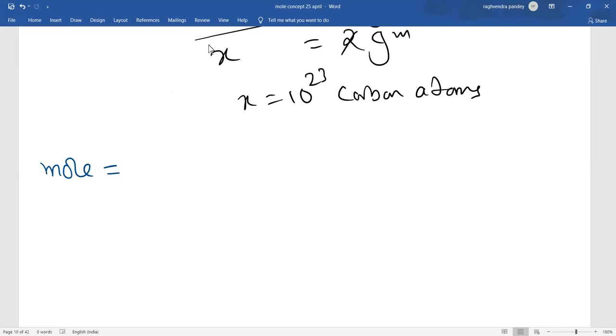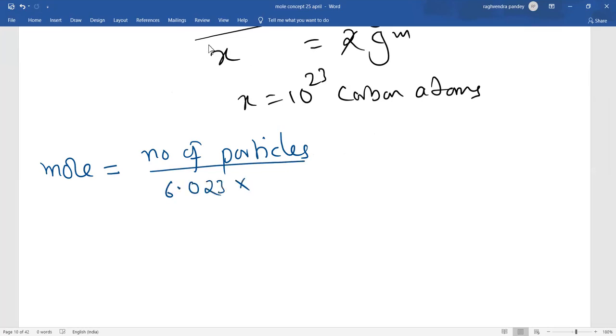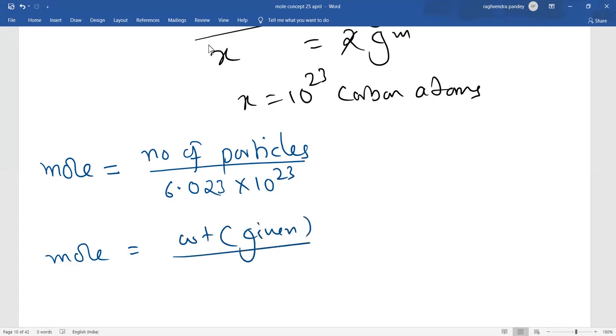So mole is equal to number of particles divided by 6.023 into 10 to the power 23. For the sake of convenience, you can omit the 0.023. Mole is also equal to weight, which is given to you, divided by gram atomic weight.